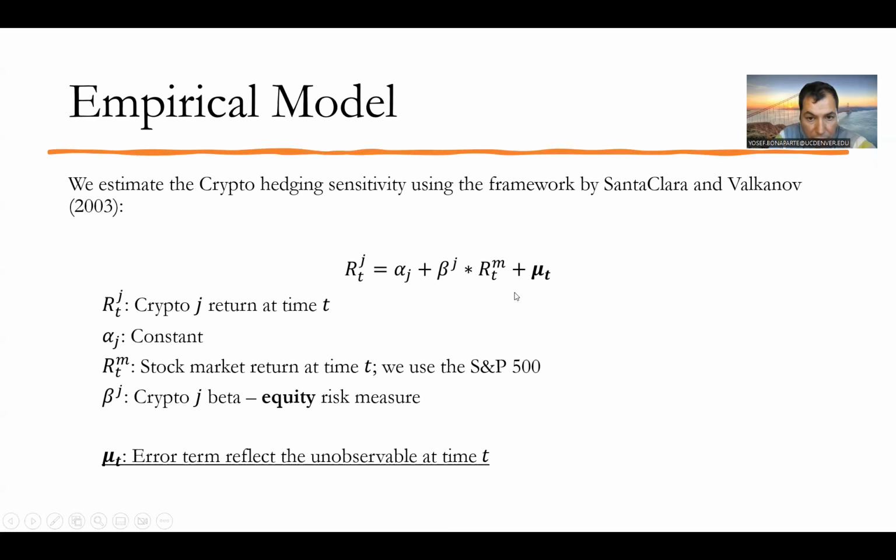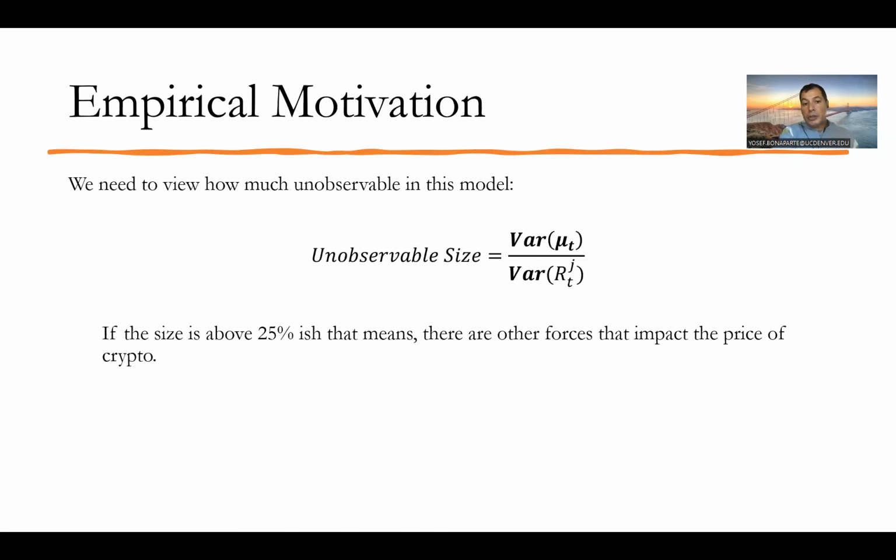Now, since this is the first time I'm going to talk about the MUT, we never touched it before. We just said it's unobservable. We try to touch it today by showing what that is. We look at the unobservable variance of the MUT divided by the variance of RTG. If it's above 25%, that means the unobservable is high.